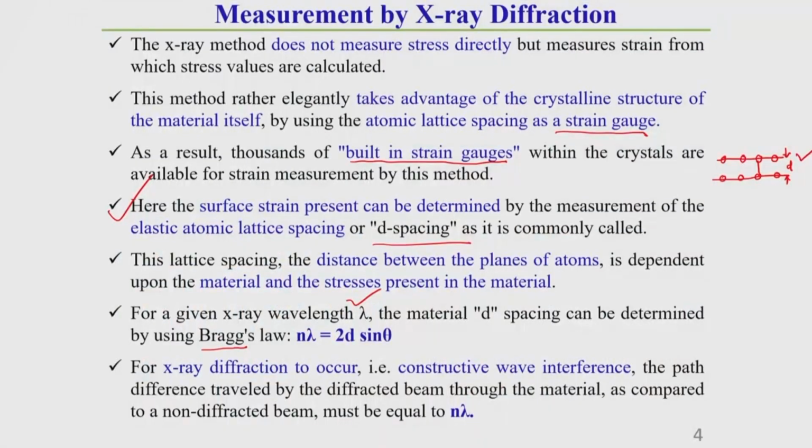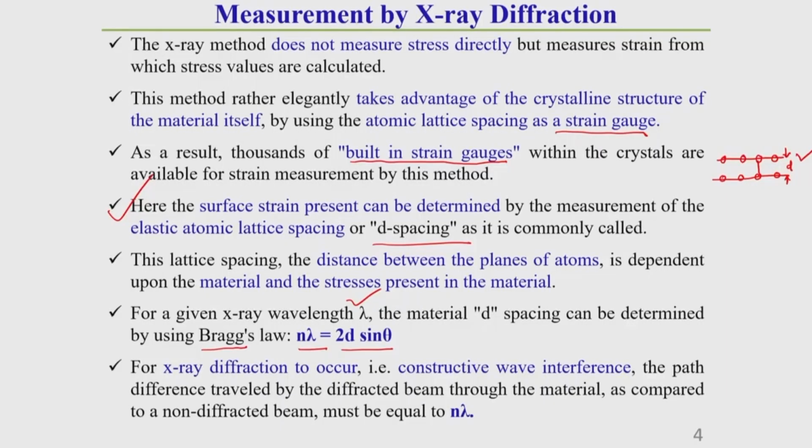Bragg's law states that n lambda equals 2 d sin theta. What is this d? D is the spacing between two atomic lattice layers, and theta is the angle between the horizontal plane and the X-ray, or you can say the incident angle. That also I will show you in a subsequent slide.